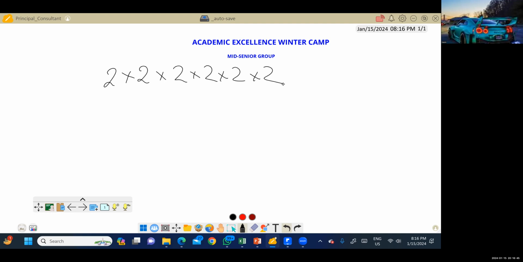So instead of writing so many times, I see that this is my base, and I have 2 to the power 1, 2, 3, 4, 5, 6. Right? Sir, I think I made a mistake. Sir, I should have said the upper part is the power and the number altogether is the exponent. Yeah, I'm coming. Okay. So 1, 2, 3, 4, 5, 6, 2 to the power 6.